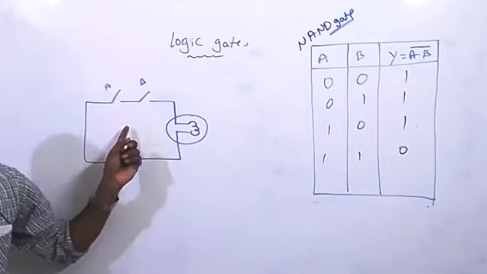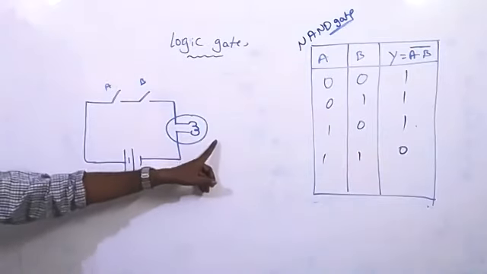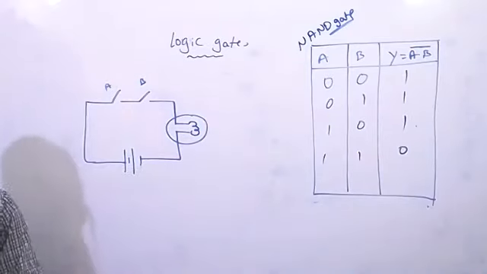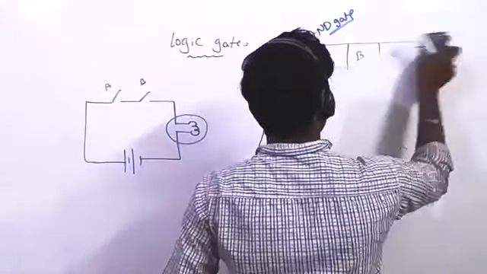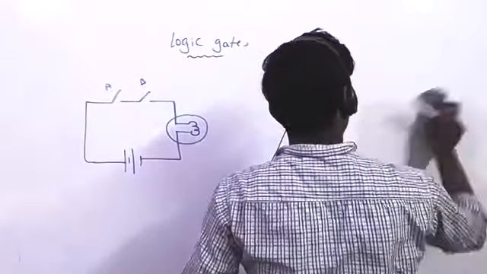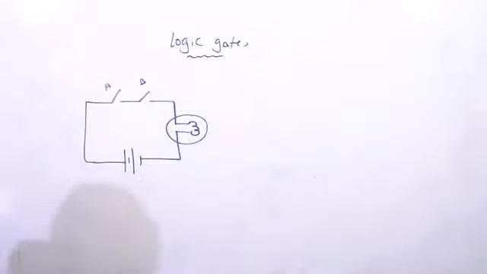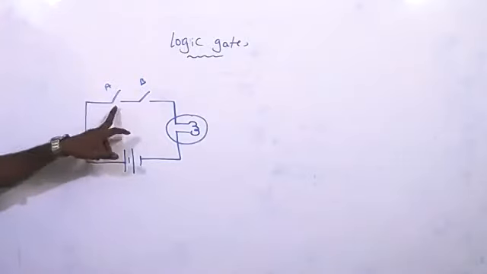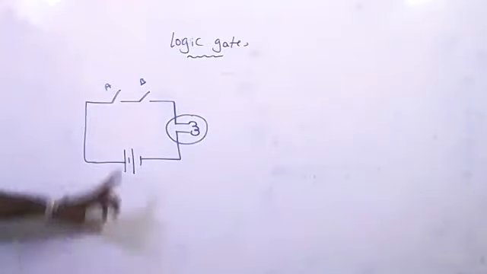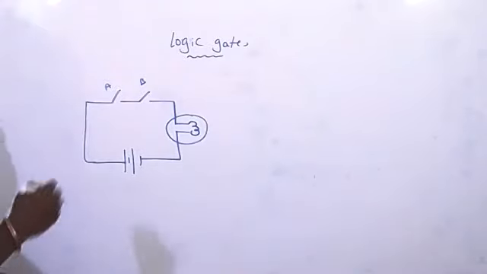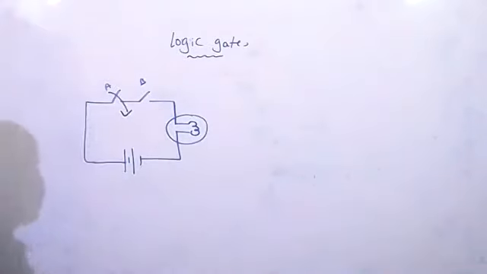Both inputs are open, meaning low inputs. Output how much? Nikita? Sir, both inputs are low. Okay. Output how much? 0. One input is high and one input is low. Output how much?